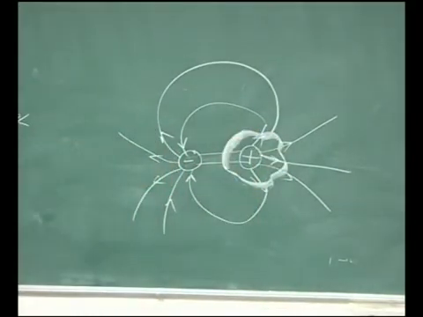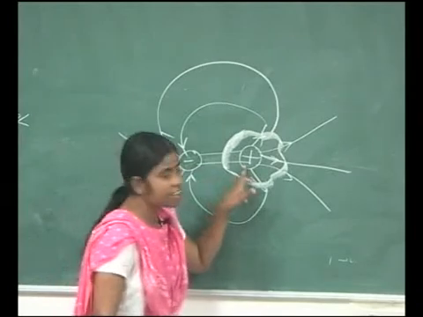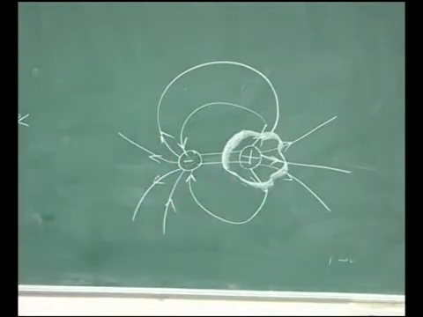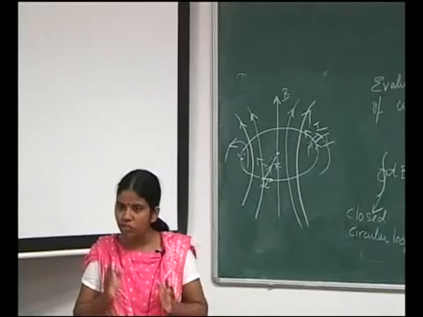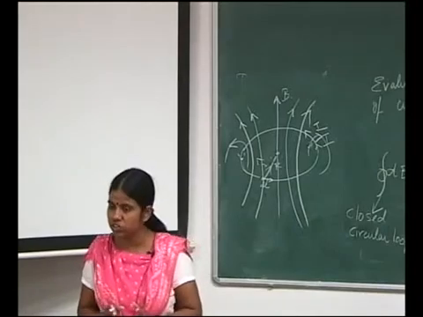and I take E dot dl, E dot dA, sorry, over a closed surface. Please remember this, in Gauss law we take a closed surface. Gauss law is always associated with a closed surface.